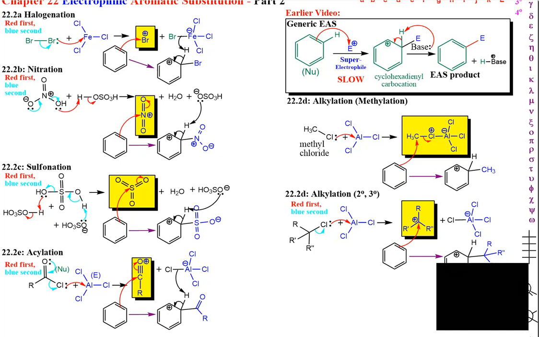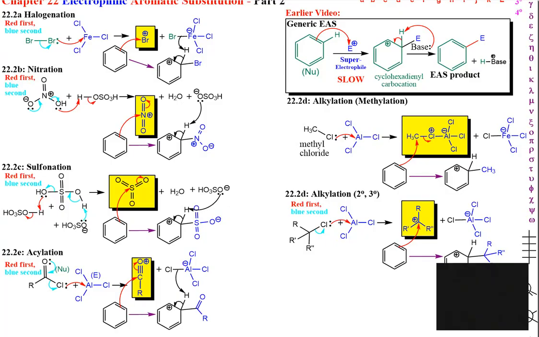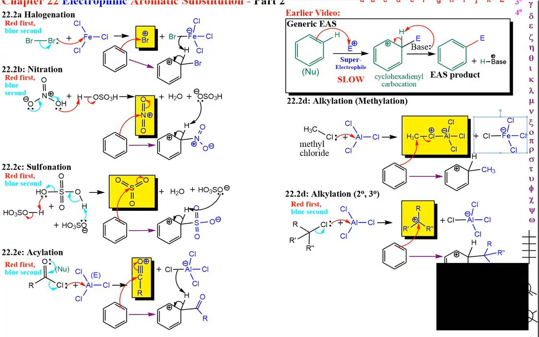And that step provided us with our base that we need for the final step of this mechanism, and the base looks like this. Complex ion of iron 3 chloride.